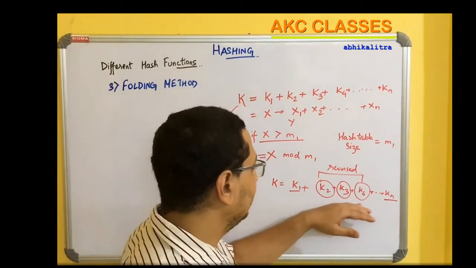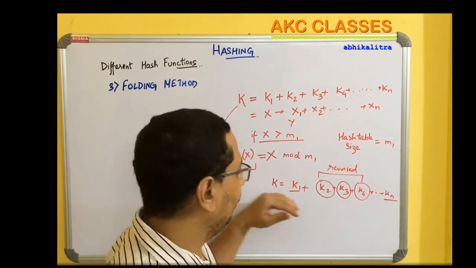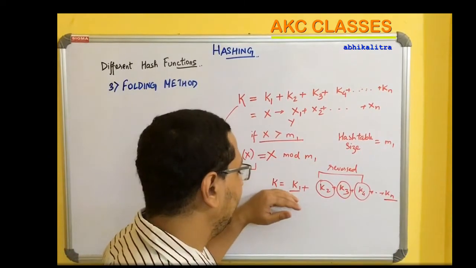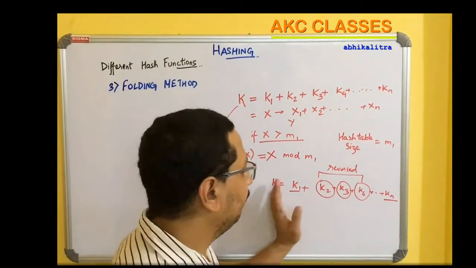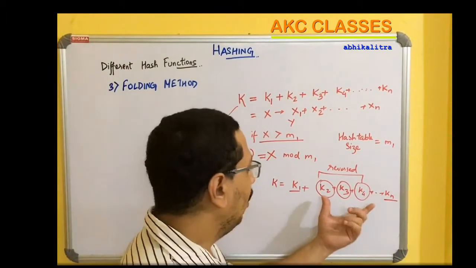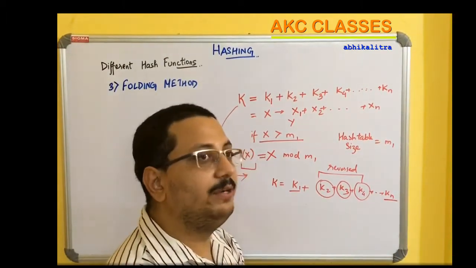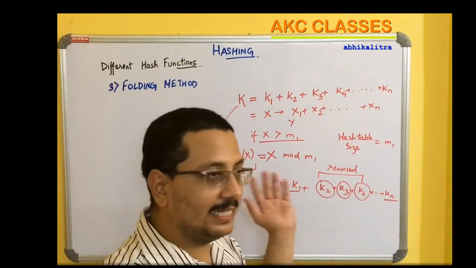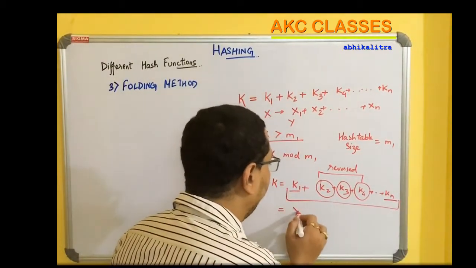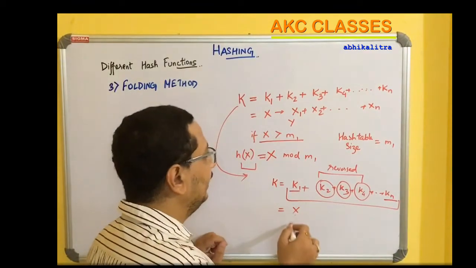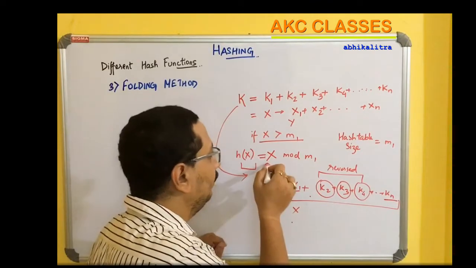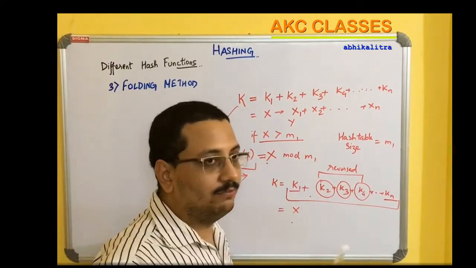Except for the boundary chopped pieces, like k1 and kn in this example, all the remaining chopped pieces will be reversed first, and then all the chopped pieces are added together to obtain a value x. Again, if x is greater than m1, you can repeat the same process of chopping, or you can apply the division method, whatever you want.